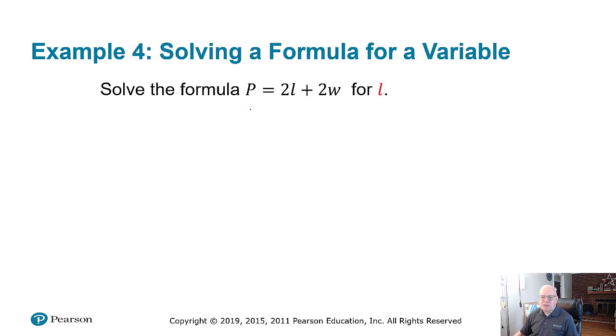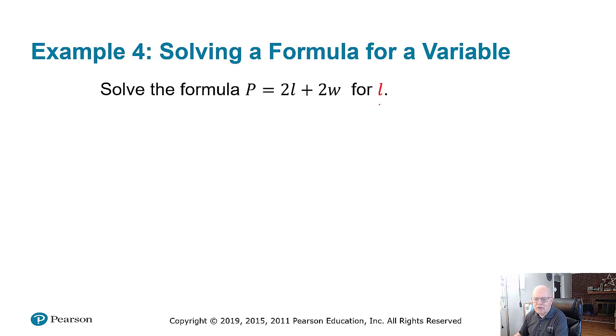Now, the trickiest part. Solve a formula for one of the variables. You got a P, an L, and a W. How do you get the L out of that? I'm going to do it just a hair different from what the slide does.